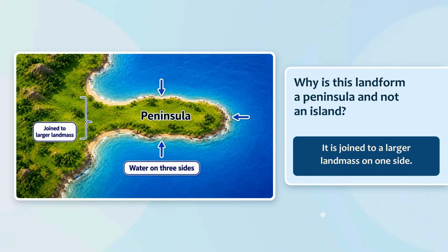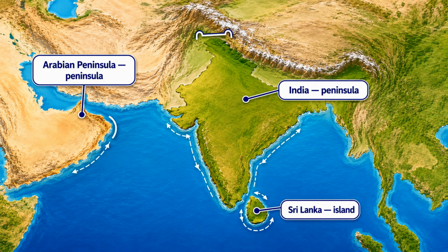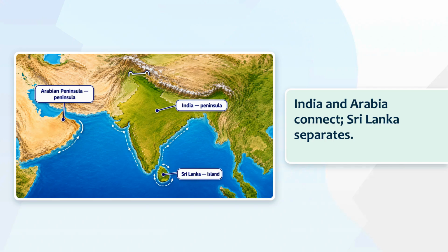Next, we will locate real examples: India, the Arabian Peninsula, and Sri Lanka. India and the Arabian Peninsula remain joined to the larger landmass, so both are peninsulas. Sri Lanka is separated and surrounded by water, so it is an island. Let the map connections do the deciding.